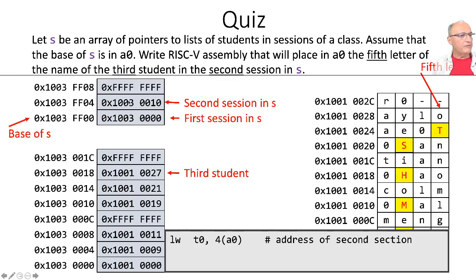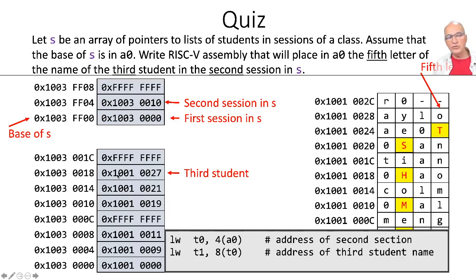So now I have in T0 this address here. Next, I will do a load of 8(T0). Why 8(T0)? Because what I want is this address here, which is 8 bytes from where I am. So I'm going to do a load 8(T0). And both of those are load words because I'm loading addresses.